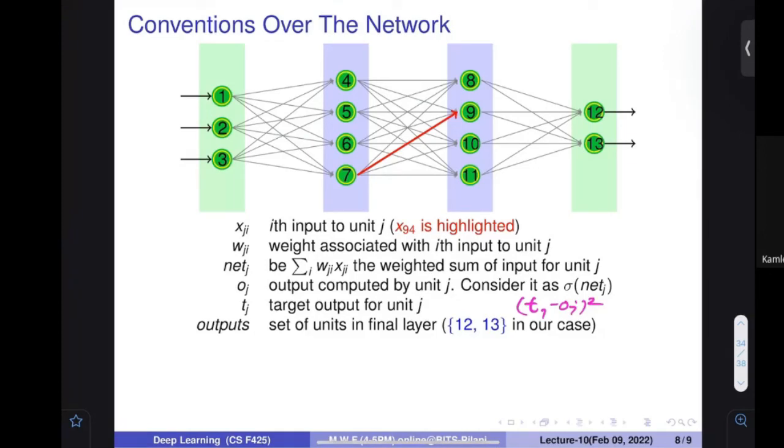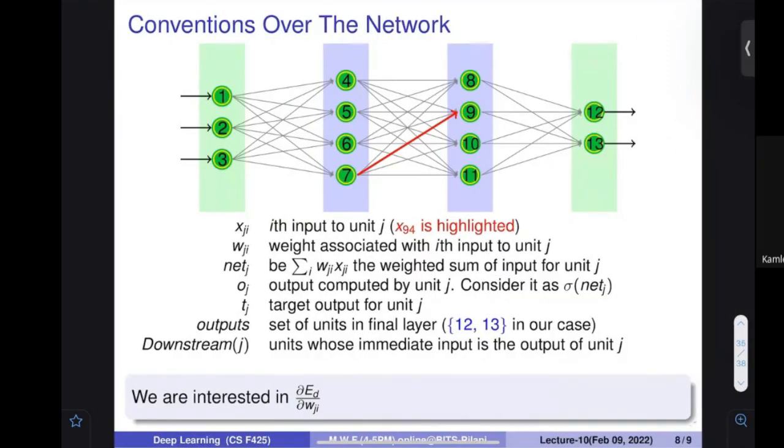There is another set called the outputs, which are the units in the final layer, here units 12 and 13. Similarly, there is another set called the downstream of j.